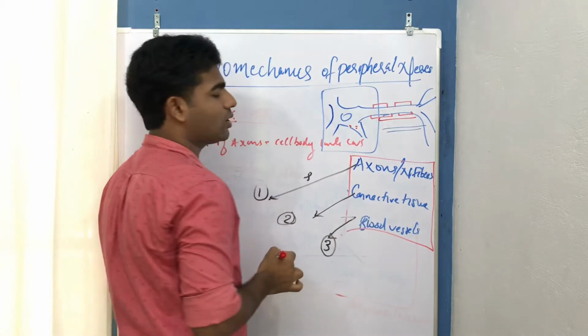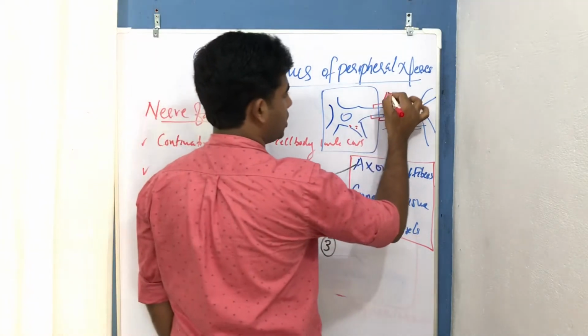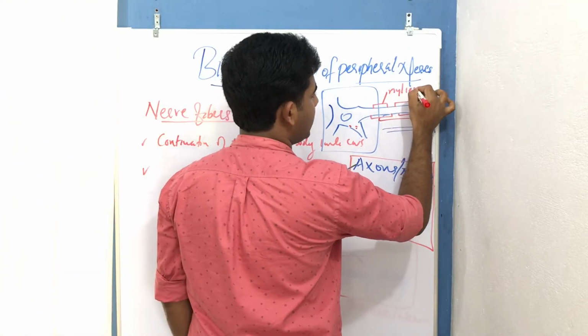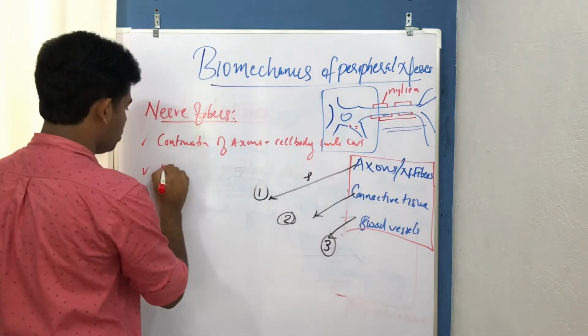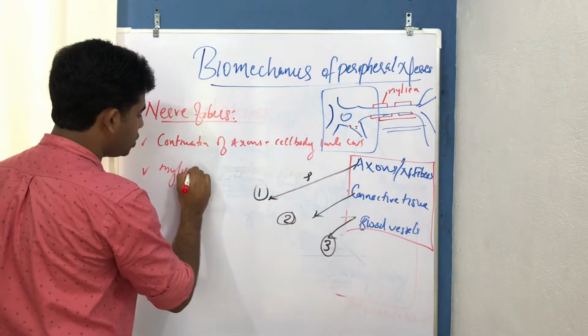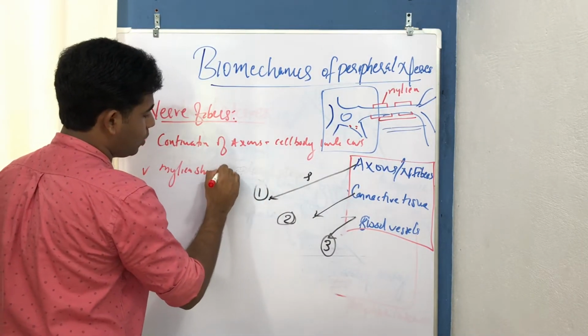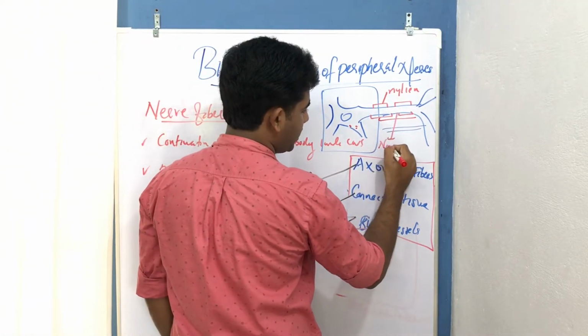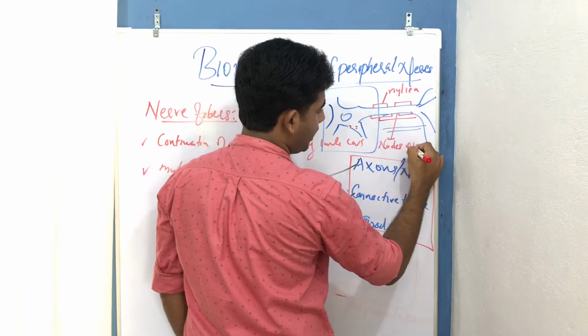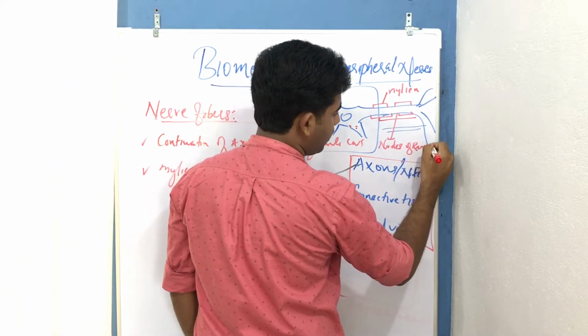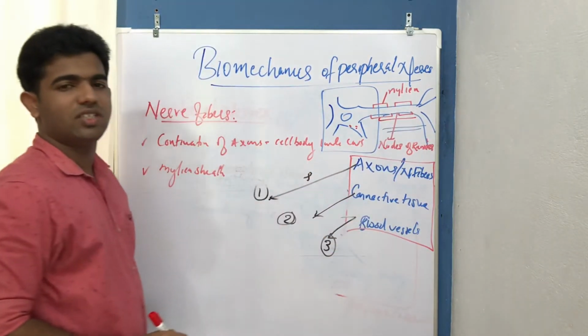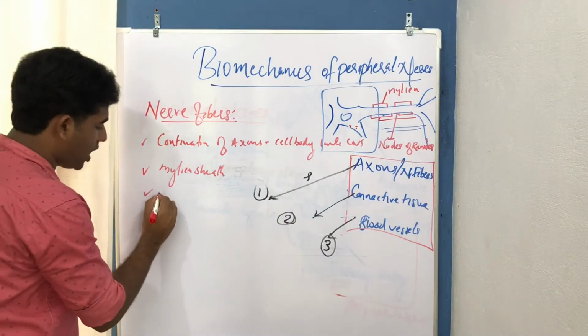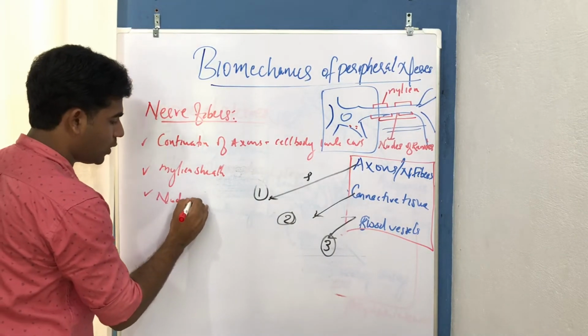These structures are known as the myelin sheath. The axon is lined by the myelin sheath, so you have to mention the myelin sheath lining the axon. In between the myelin sheath, you have some space known as nodes of Ranvier, where the myelin sheath is actually absent.